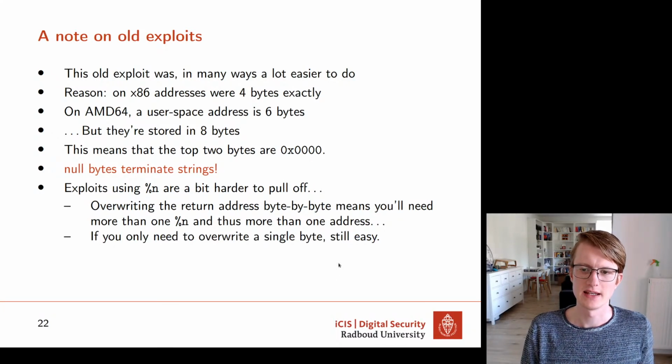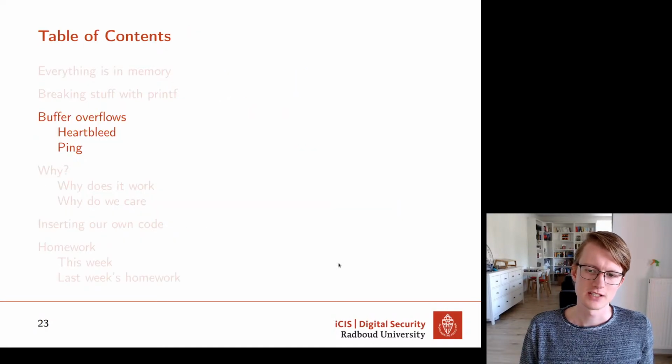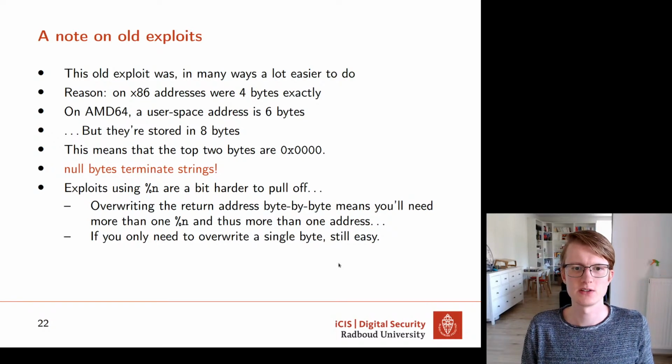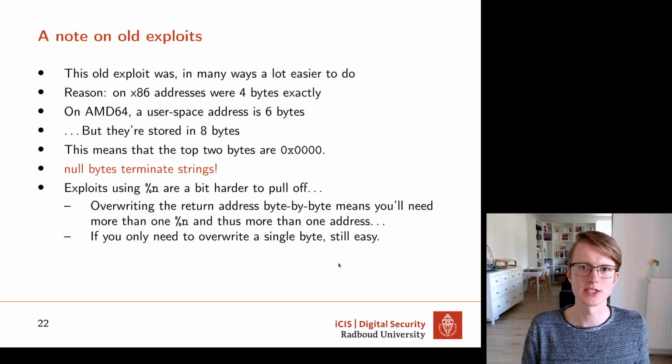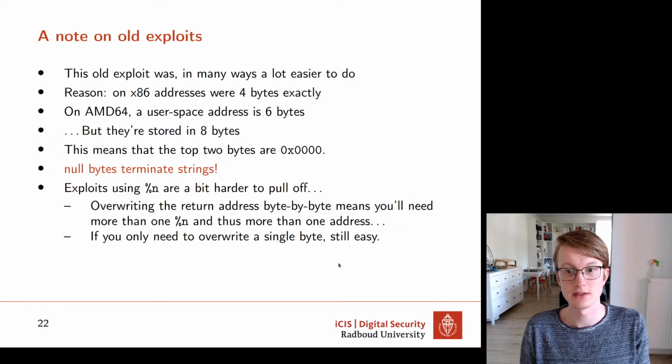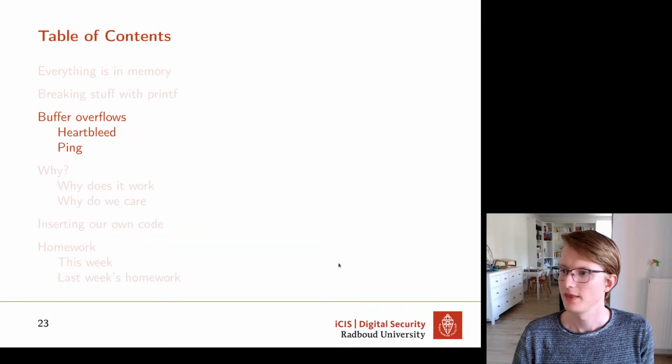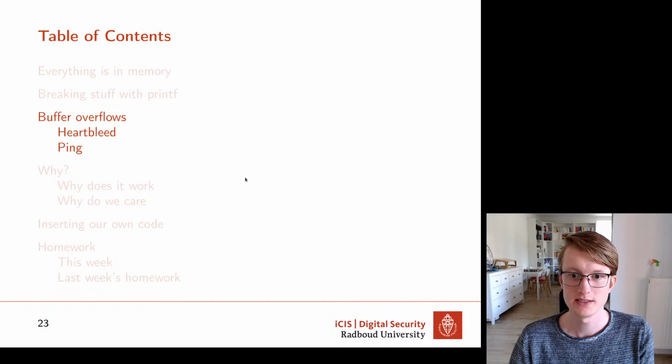For a single byte it's easy, but if you need more than one, it's annoying, because you have these null bytes, and you can only get a null byte at the end of a string. So that means you can only have a single return address, at the end of the string. So that's harder. This is a good time to do the break, indeed.